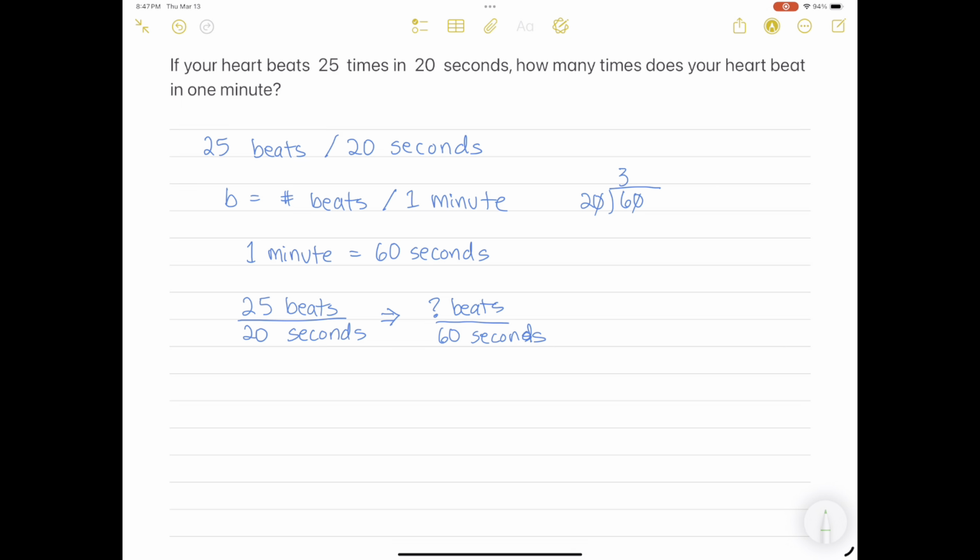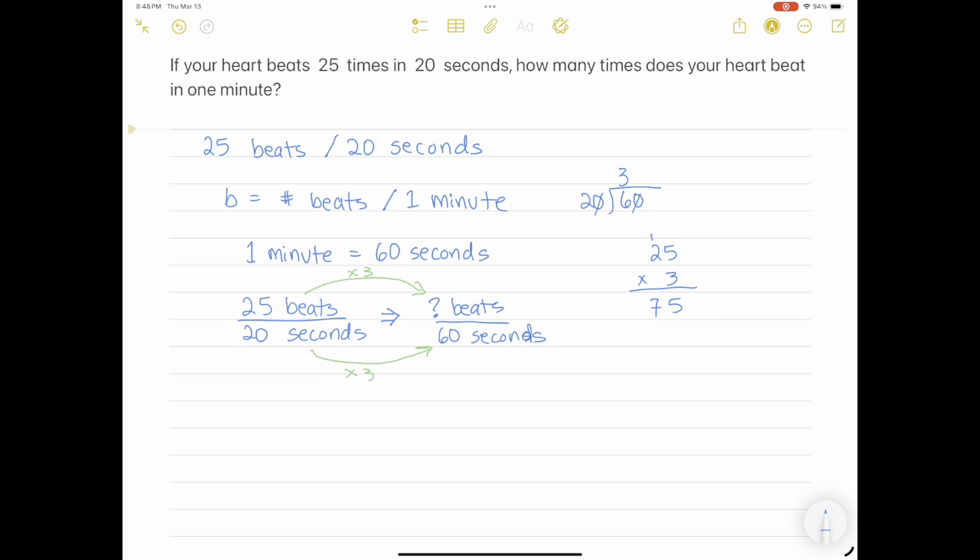So 20 seconds times 3 equals 60 seconds. So then logically, we can see that if we multiply 25 beats by 3, we will figure out how many times our heart beats in 60 seconds. 25 times 3, I do that calculation on the side, and that works out to be 75.